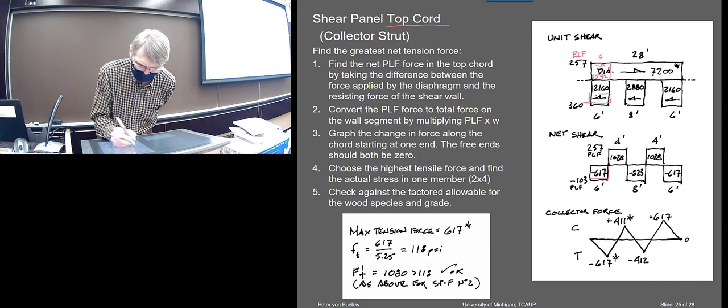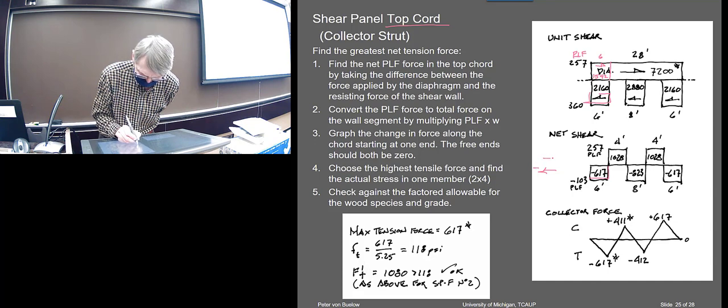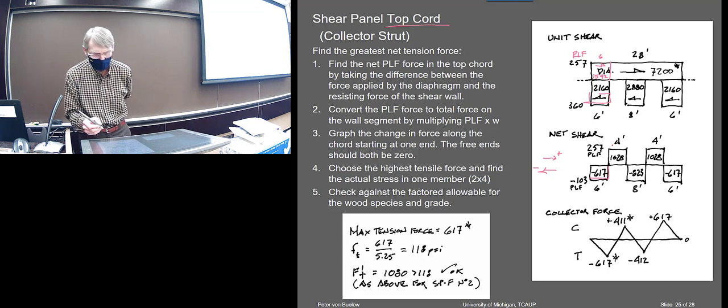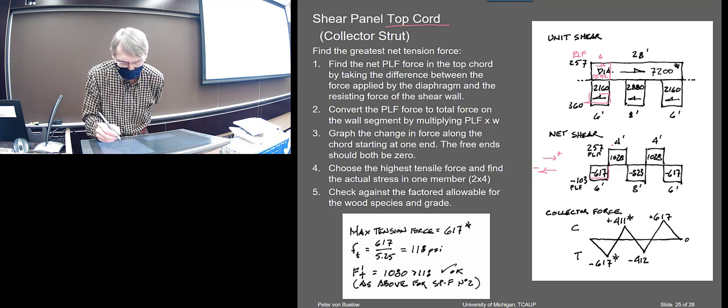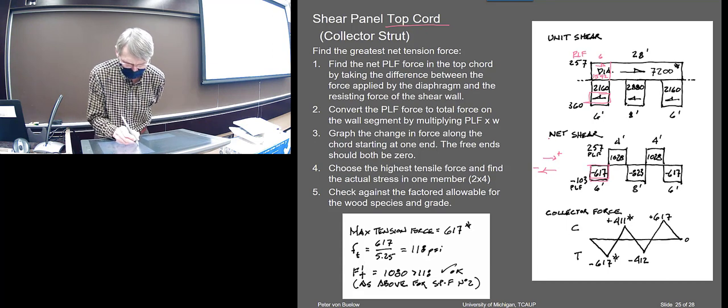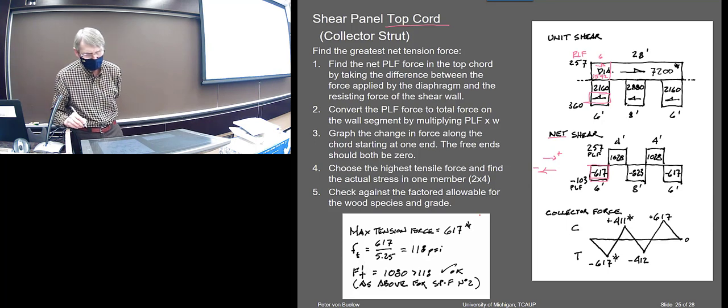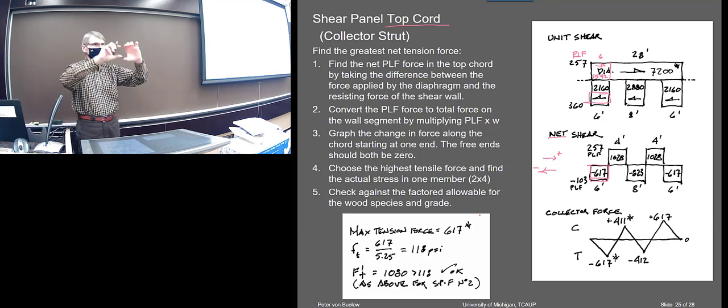And we'll take this direction. That direction is negative, right? Whoops, that's negative, and this direction is positive, just to keep track of them. Okay, so that one wins, and that would be the sum of the force. So this is the net force on that collector strut.